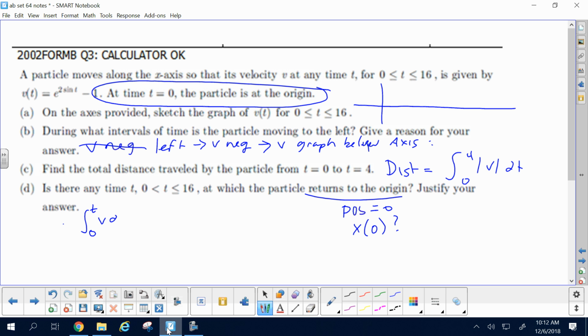Do you agree that if I want position, I need to integrate velocity, yeah? Yes. All right. This would be the position at some time minus the initial position, yeah? All right. The position initially is the origin.